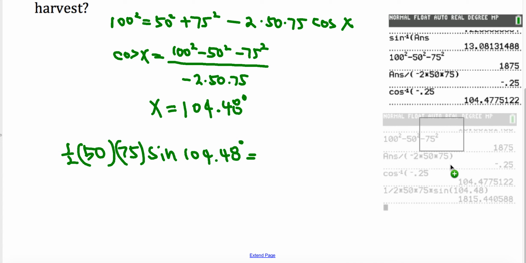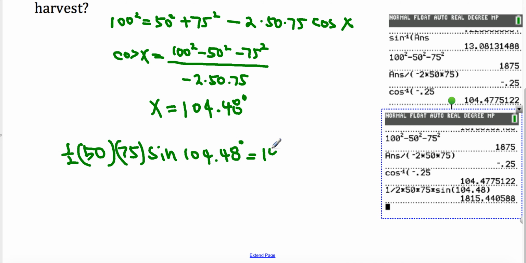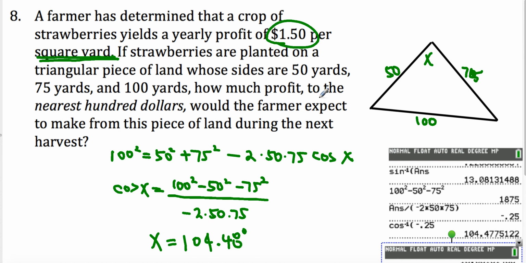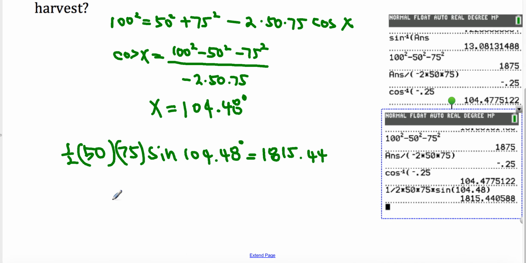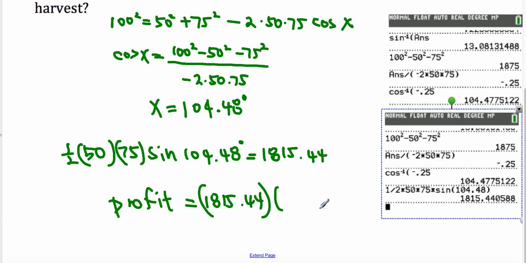Then the area so far gets me 1815.44 square yards. But we need to multiply that by 1.50. Profit then is equal to 1815.44 times 1.5.